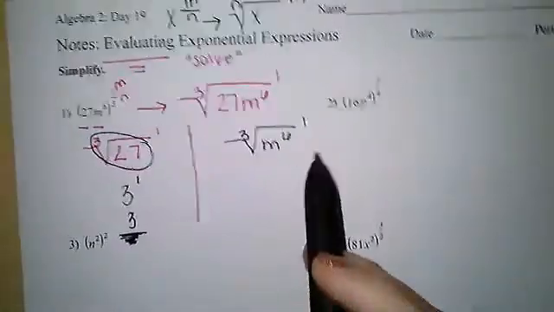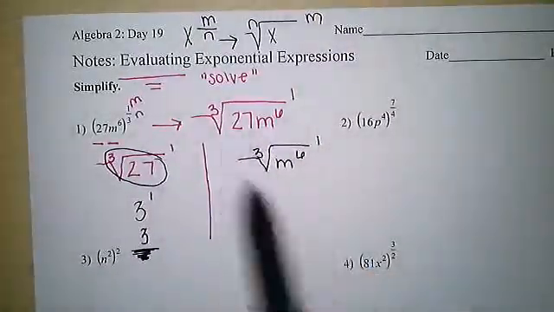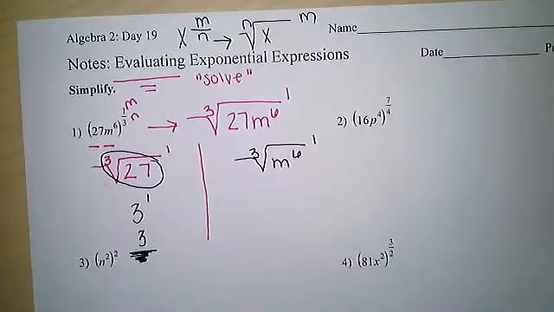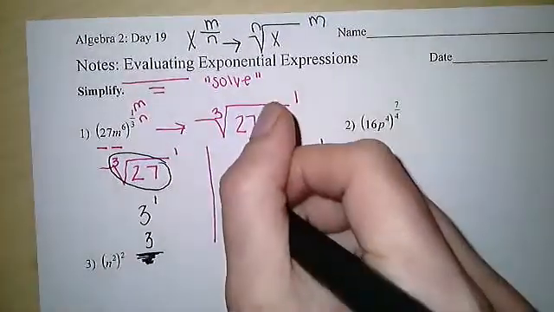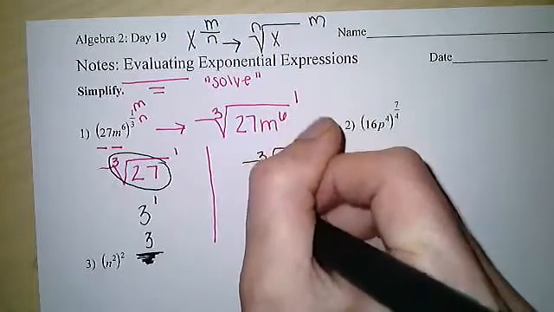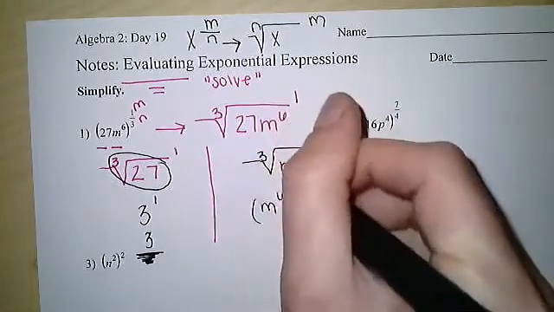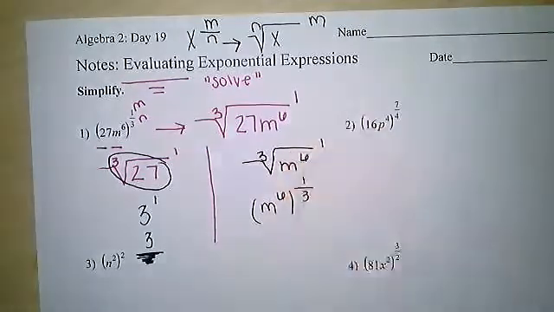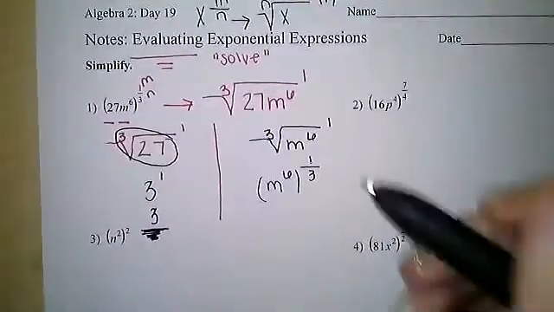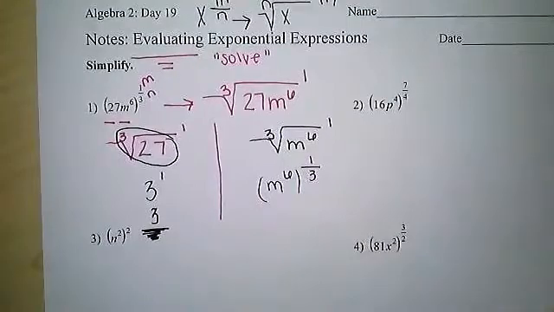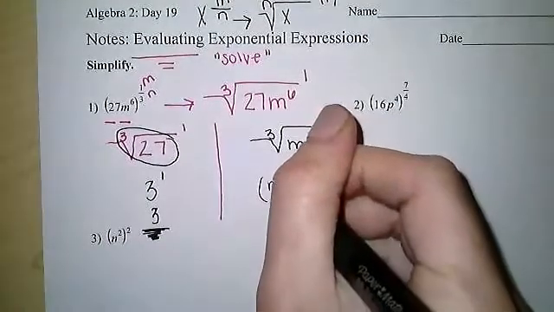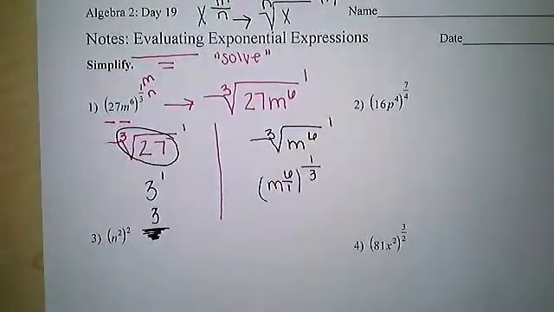For the second part of our problem, you can leave it in radical form, or you could leave it in exponential like it was before, and simply distribute or multiply the fraction. So I could put this 6 over 1.